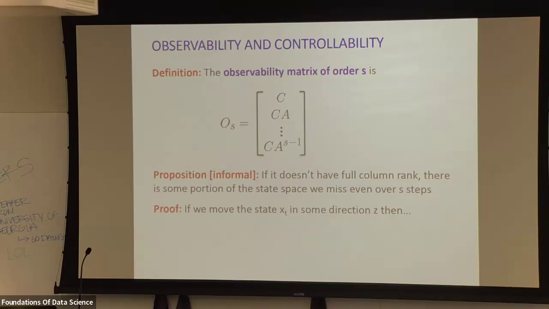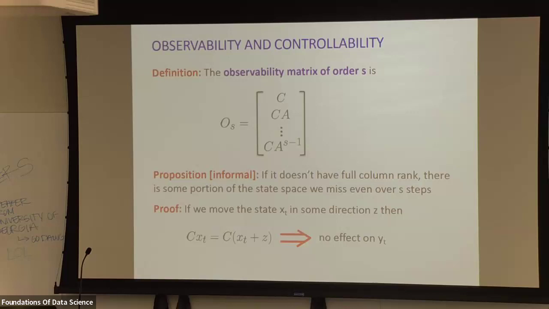Then if I move the state in some direction Z, which lives in the null space of this matrix, I claim I don't see the change. If I look at x_t plus Z versus x_t, because Z is in the kernel of this observability matrix, that means it's in the kernel of C. And that means that if my state was x_t versus x_t plus Z, I can't tell on my next observation because C doesn't see it.